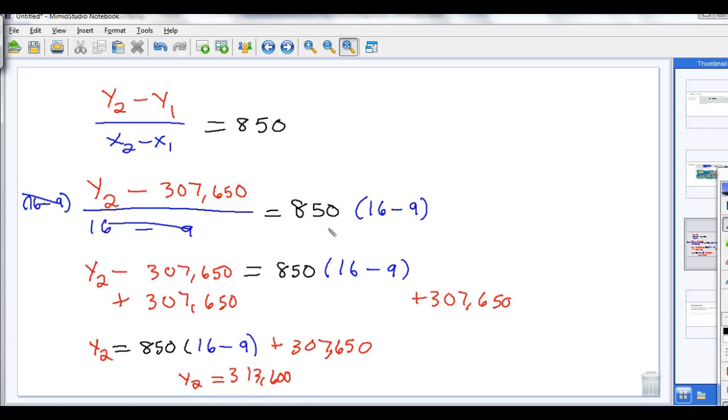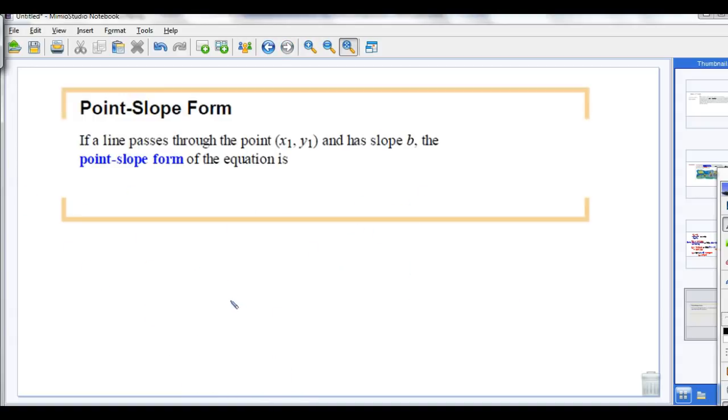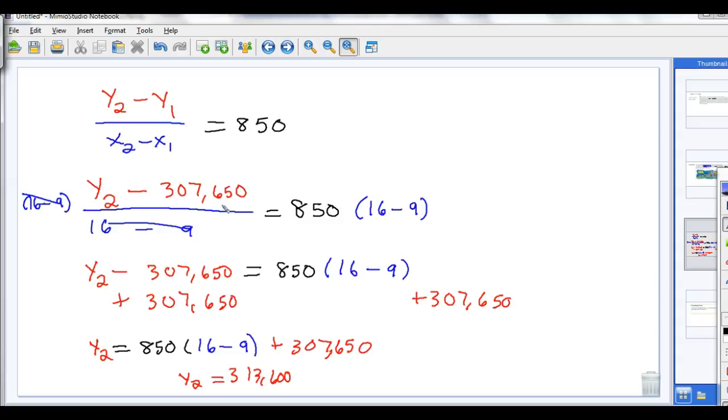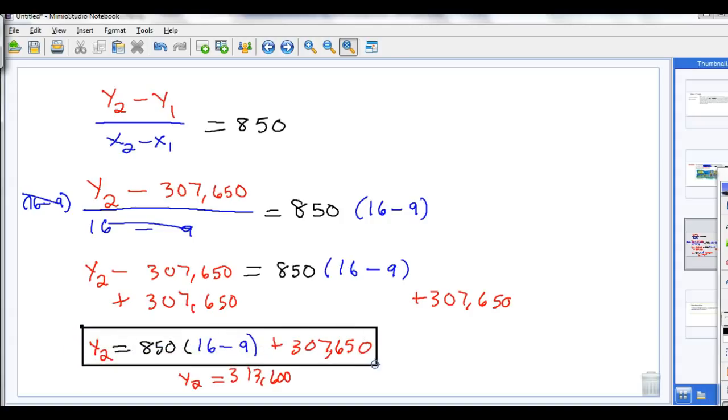Now let's talk about why I didn't do all of this stuff, because we're going to have something called point slope form. If you saw what we did here, point slope form is really going to be this thing right here, except we have to change it up just a little bit.